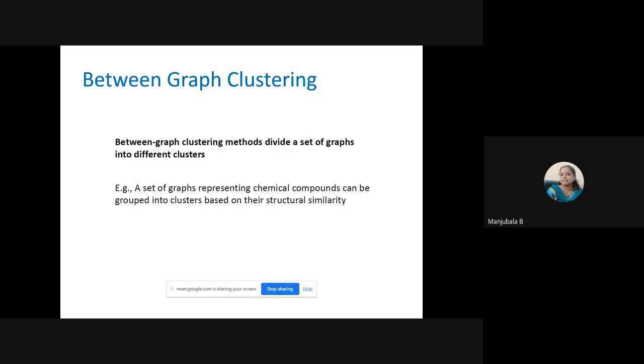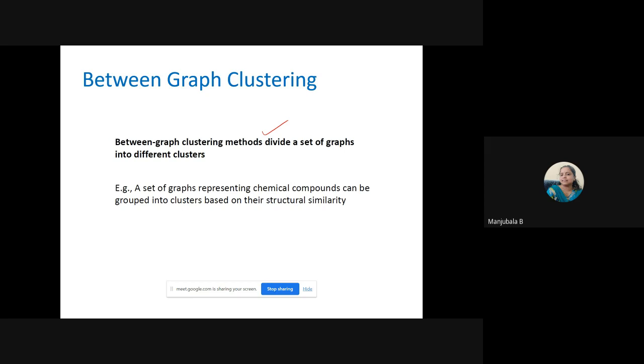So graph clustering, right? If you are able to present your data points in a graph, you can go for graph clustering. So in graph clustering, there are between-graph clustering concepts and within-graph clustering. So in between-graph clustering methods, you divide a set of graphs into different clusters. So you have to decide what you want, what is there in your data set and how you want to cluster the data.